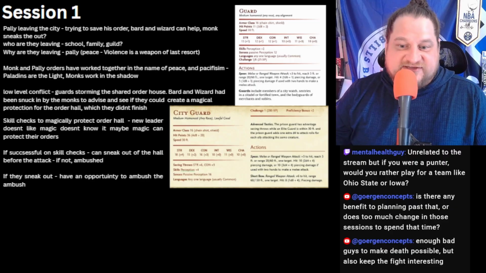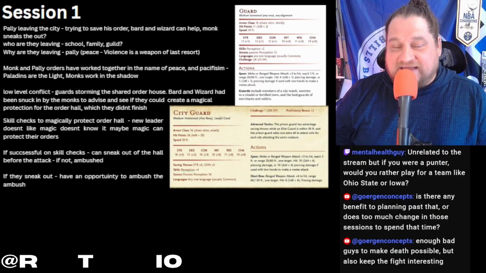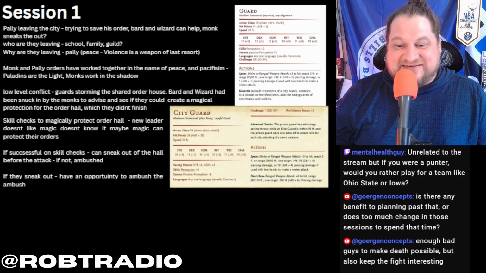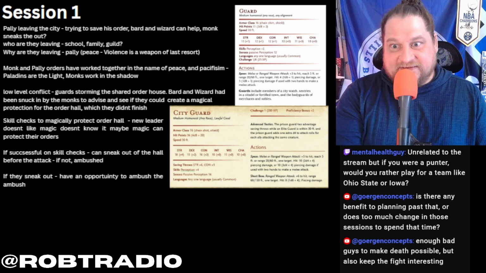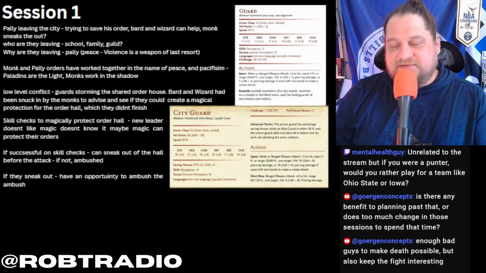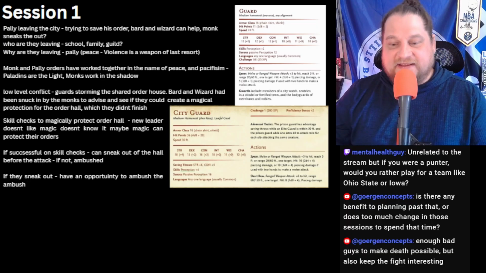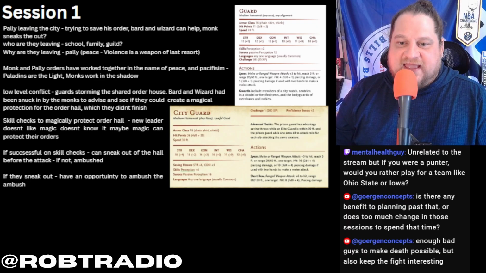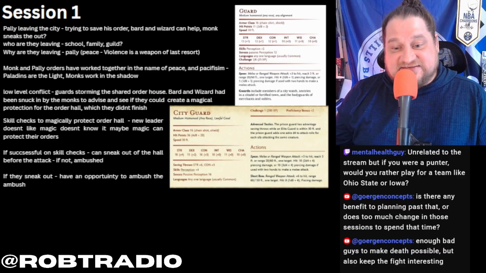If those skill checks are successful, we'll let them have the ability to sneak out and miss this fight. If they do, I still give them XP for it. Avoiding a fight is worth as much as winning a fight in my eyes. And so if they pass their skill checks, they can sneak out.